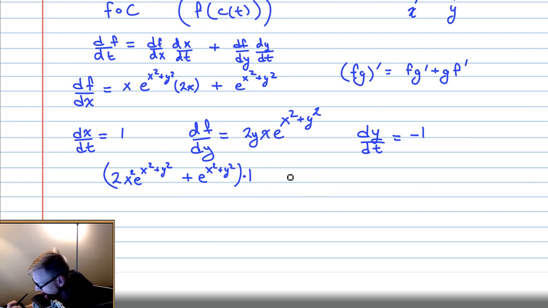We don't have to write it. Plus df/dy, which would be 2yx e to the x squared plus y squared, multiplied by dy/dt, which is -1. So I'm just going to change this to a negative.